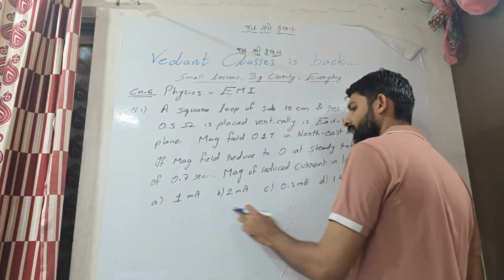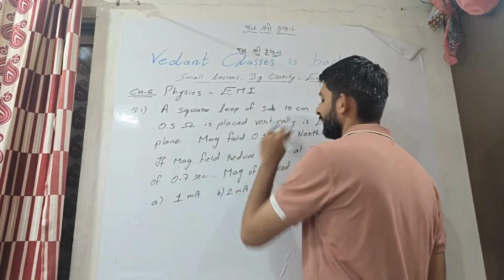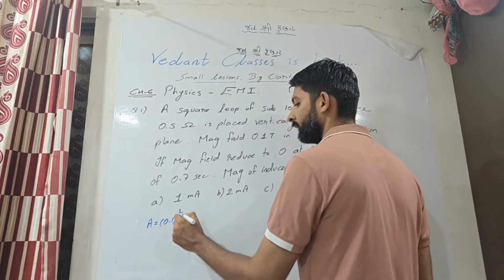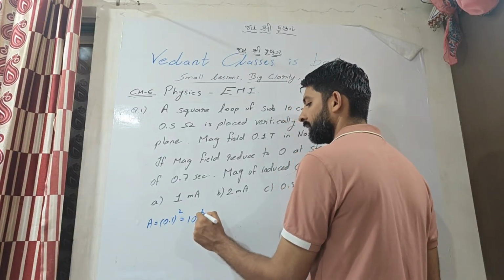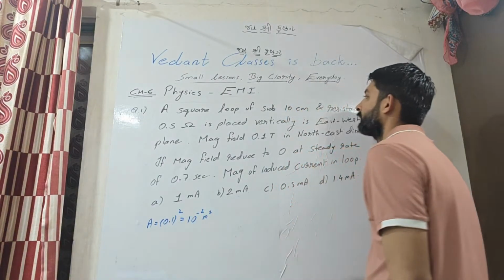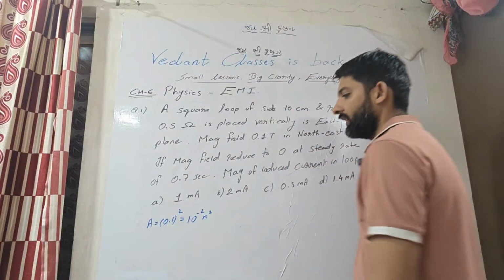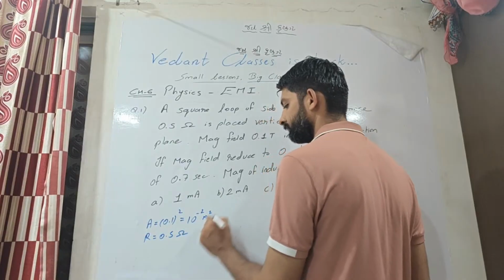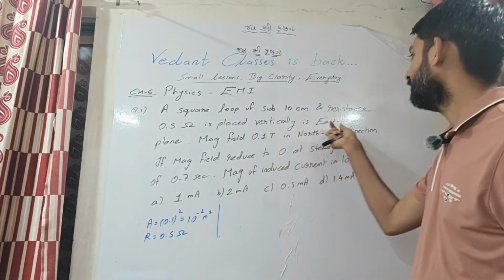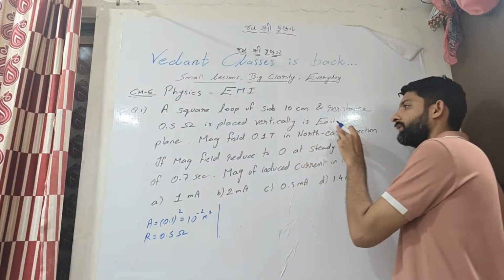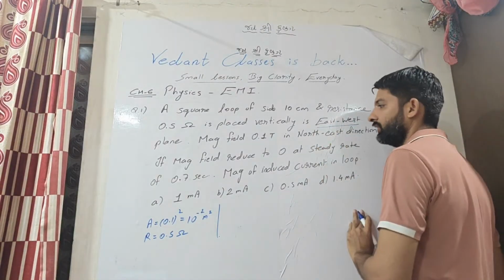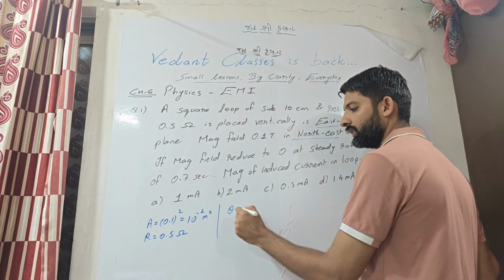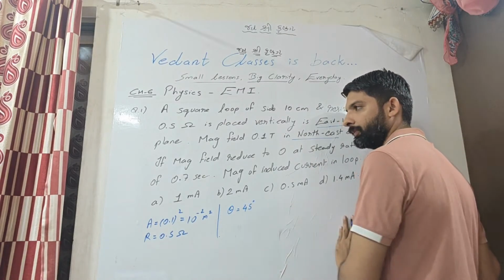See, first of all, the side is given. So from that you can find the area, 0.1 squared, that is 10 power minus 2 meter square. Then resistance R is given, 0.5 ohm. But this is in the east-west direction and the field is in the northeast direction, so theta will be equal to 45 degree.